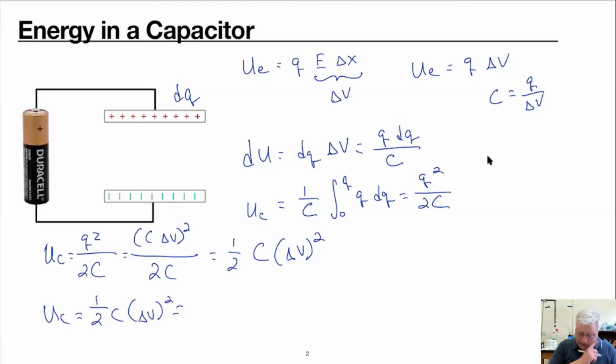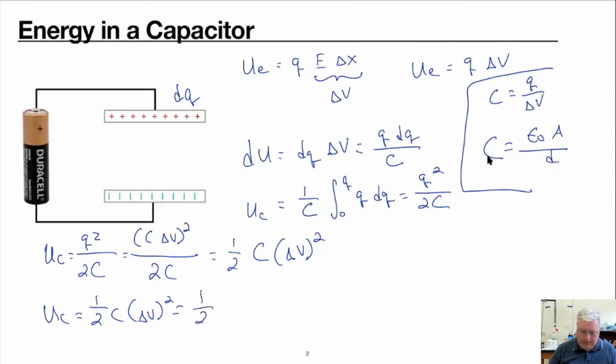So if we have the energy is 1/2 C delta V squared, what do we know? The capacitance of a parallel plate capacitor is epsilon naught times the area over the distance between the plates. So we can do 1/2 epsilon naught area over the distance, times delta V. And what do we know?